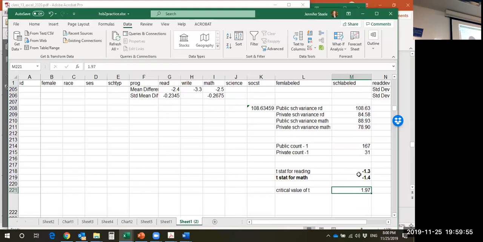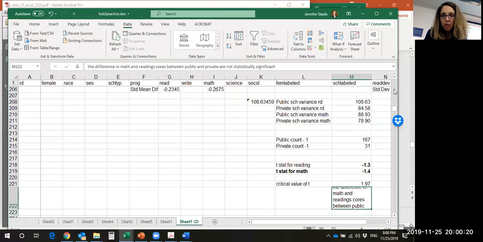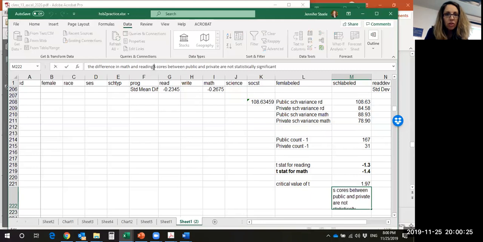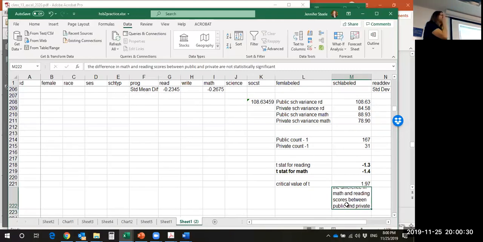So because my t's are less than the critical value in absolute value, we say the difference in math and reading scores between public and private are not statistically significant because they don't meet our critical value. So that's how you do it.